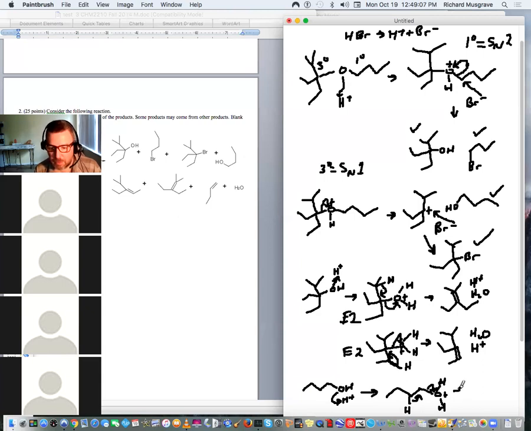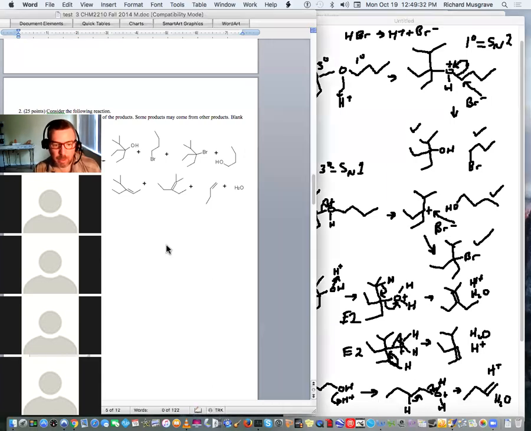And that is an E2 mechanism as well, and that explains how we're getting this alkene. And that's the entire answer right there.